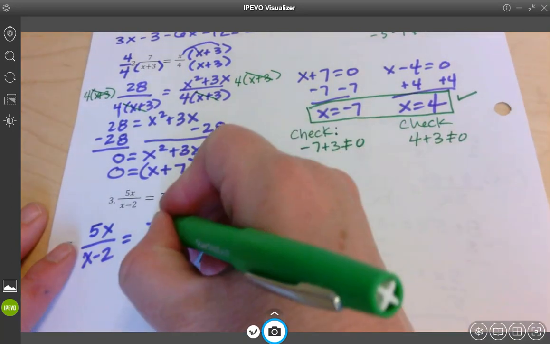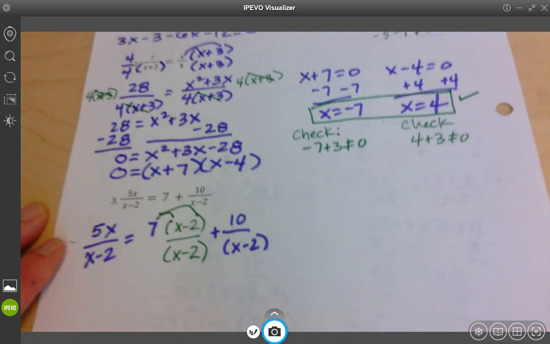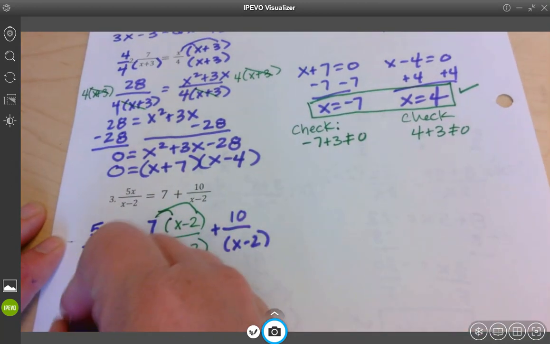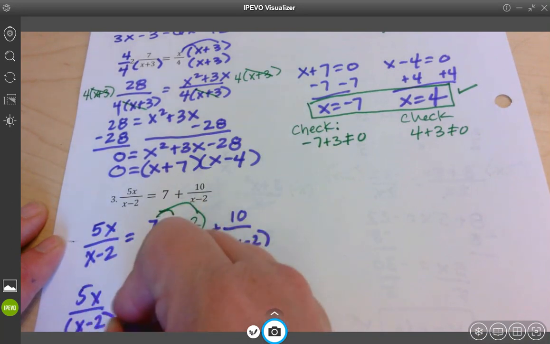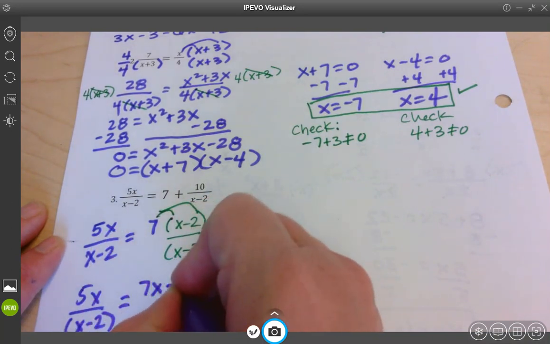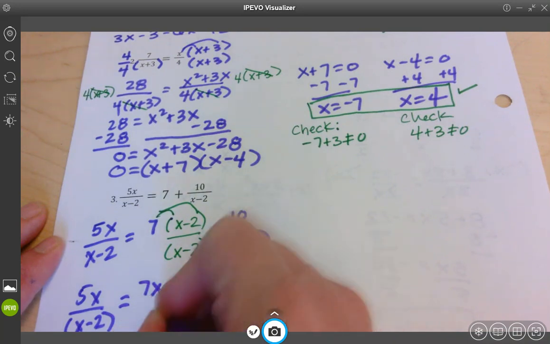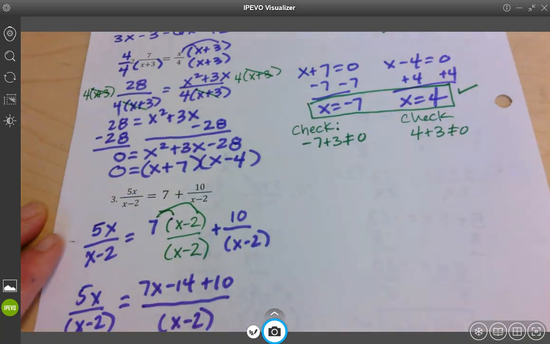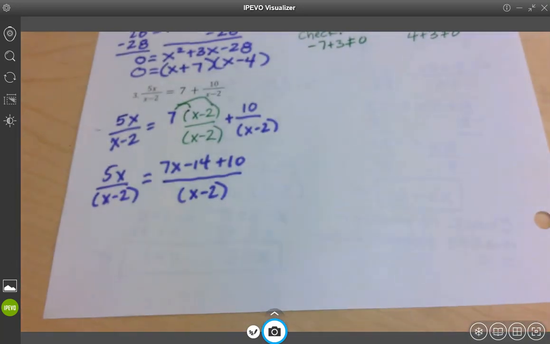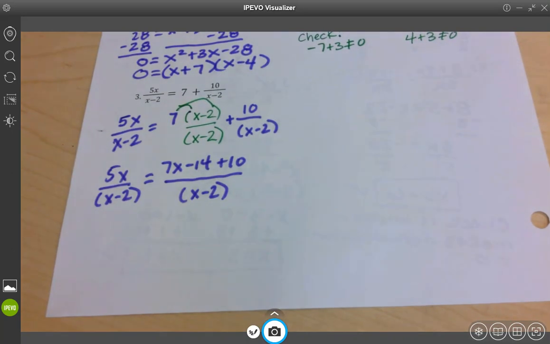I am going to distribute. Okay. So I have a common denominator, and now you multiply both sides by that common denominator to eliminate it.